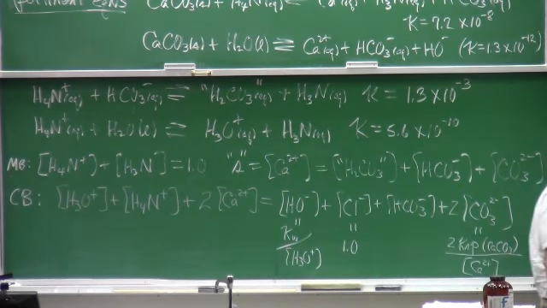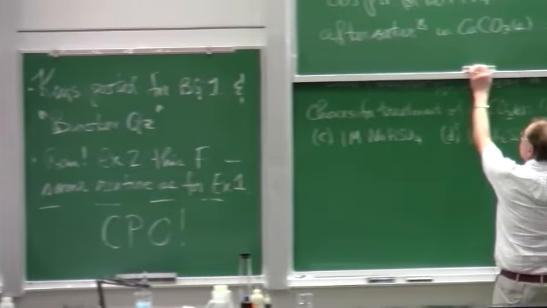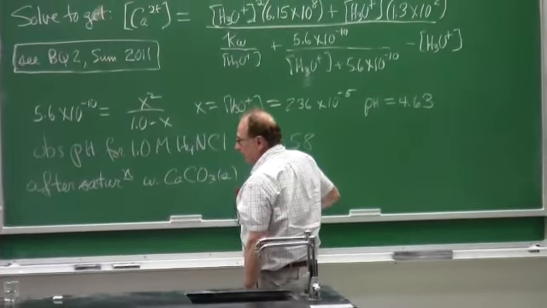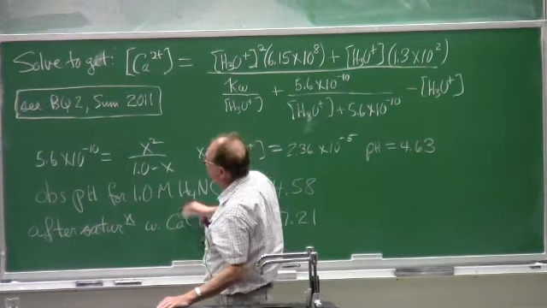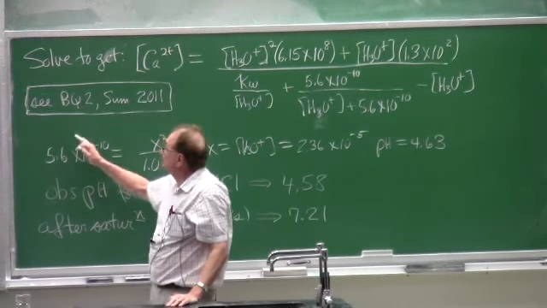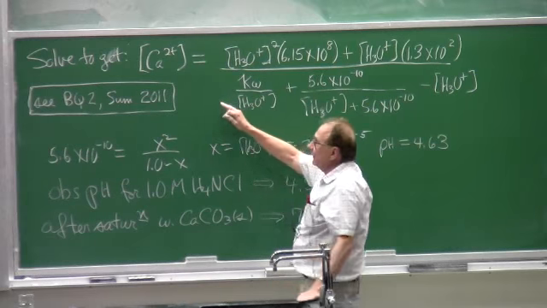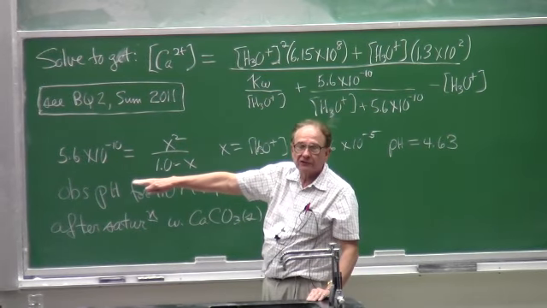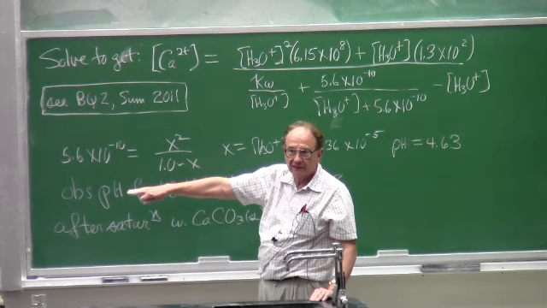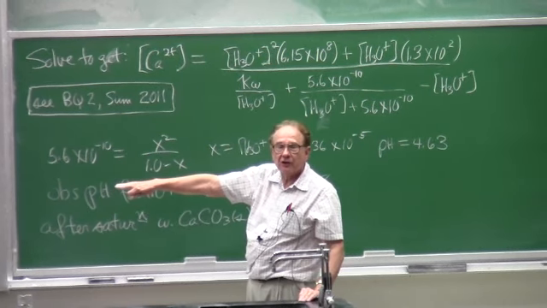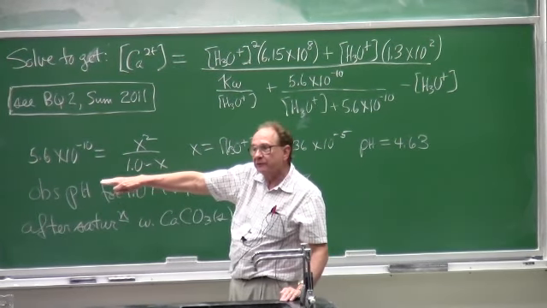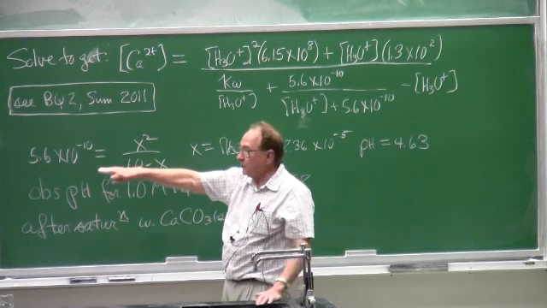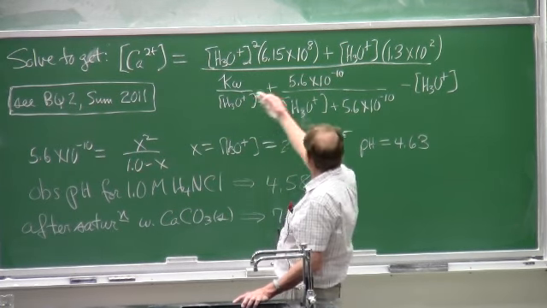Now, the complete detailed solution for this problem is available to you. I put it to the class last summer on bonus quiz number 2. If you take the relationships which we have over there and solve for calcium ion, you'll find that you can solve for calcium ion in terms of hydronium ion as the only other so-called unknown.